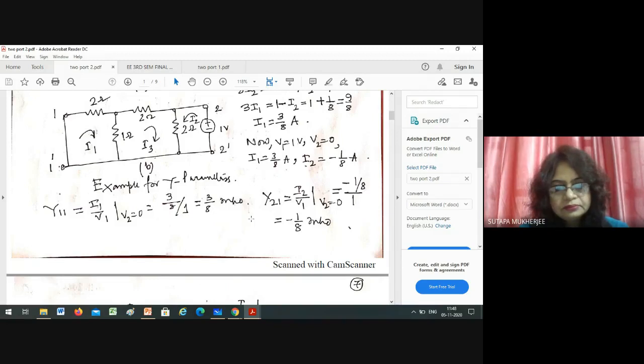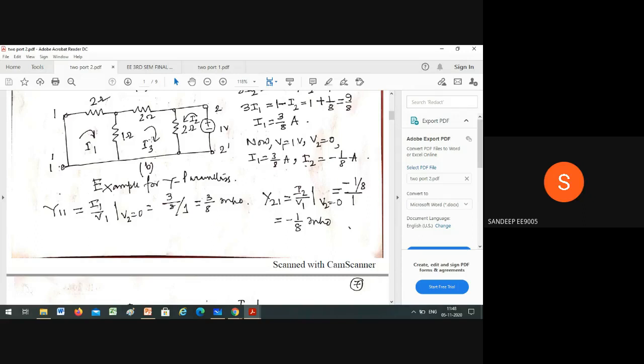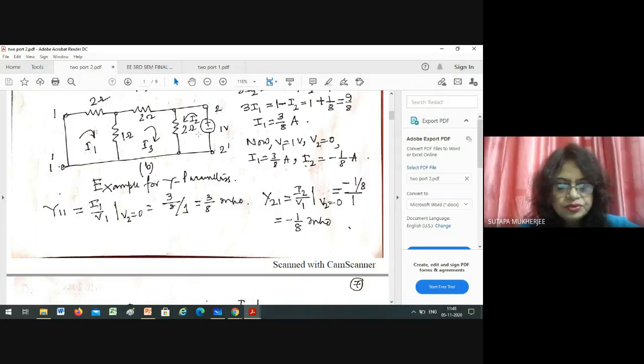Then what will happen? Basically, in that case, how many equations will you get? 3 equations, ma'am. This is loop 1, this is loop 2, this is loop 3. For 3 loops, you have to get 3 equations. Number 1 equation from this side, what will be the equation?